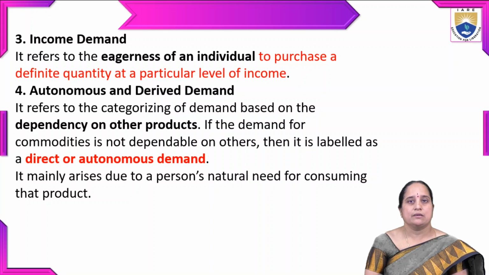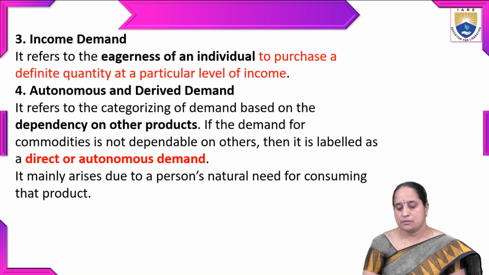The next one is autonomous and derived demand. Autonomous demand refers to categorizing demand based on the dependency on other products. If the demand for a commodity is not dependent on others, then it is known as direct or autonomous demand. It mainly arises due to a person's natural need for consuming that product.